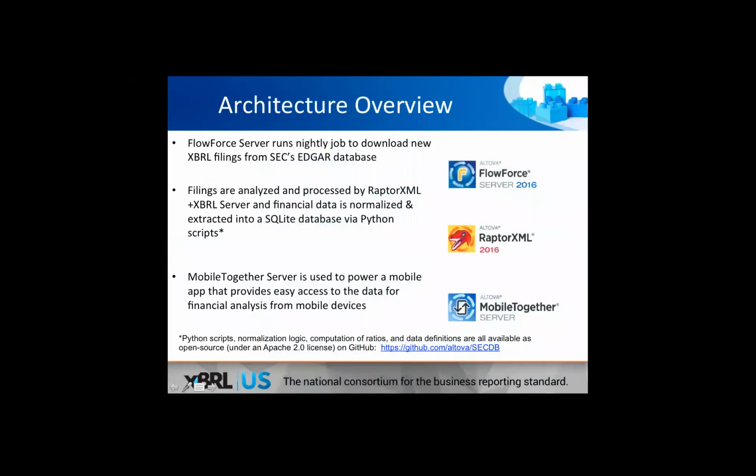So the architecture of our solution looks as follows. We have a workflow server called Flow4 server that is going to run nightly jobs to download all the SEC filings from EDGAR's database that are filed every day by public companies in the US, and then those filings at night are being processed by our XBRL server product called Raptor XML plus XBRL server.